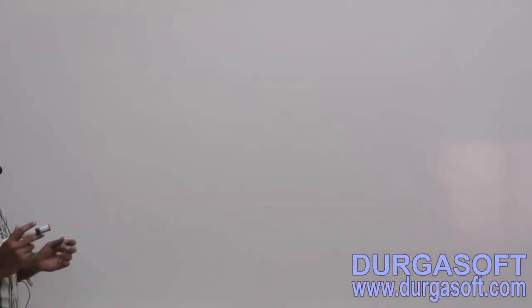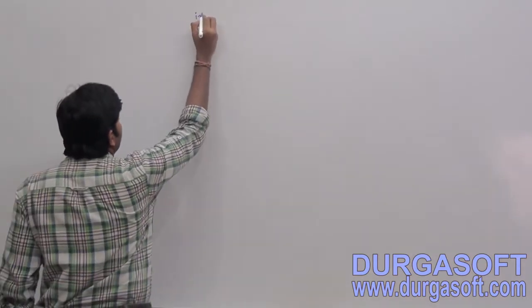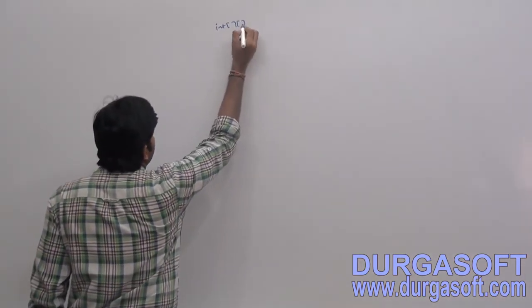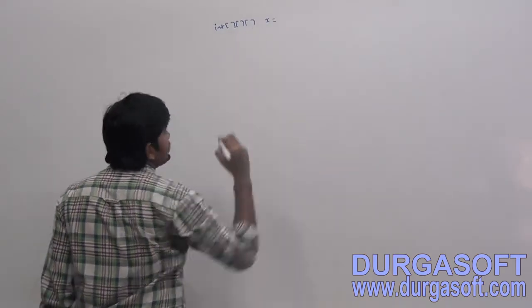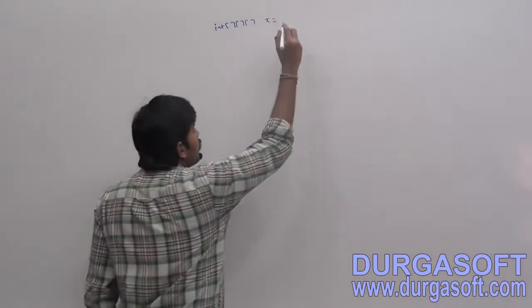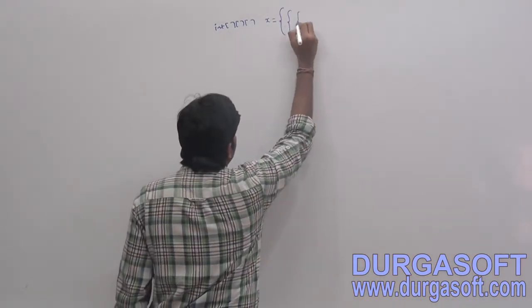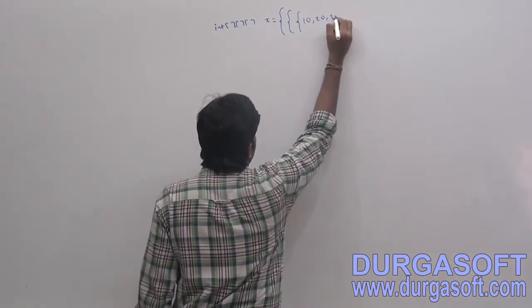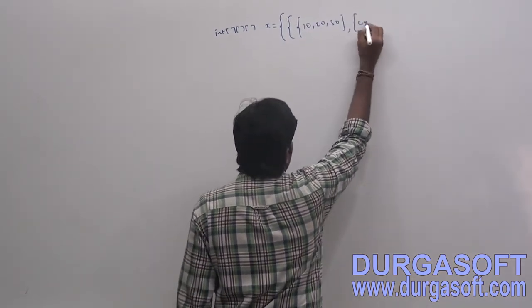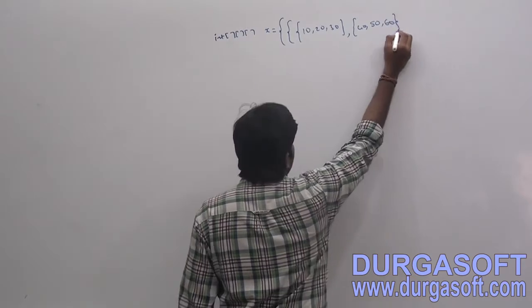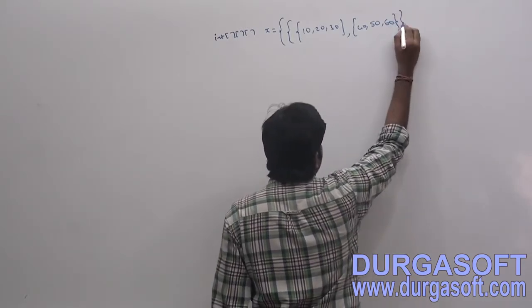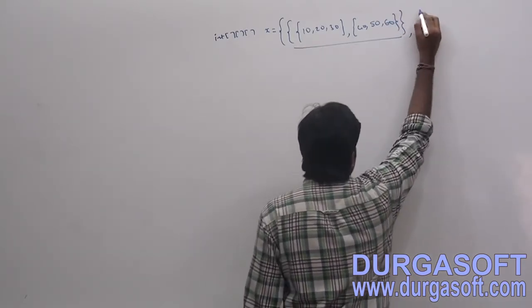So the next terminology. From this area, what kind of question is there a possibility to ask? Here I am taking a 3-dimensional array. Here 10, 20, 30, then 40, 50, 60, like I'm taking 40, 50, 60, the first 2-dimensional array.